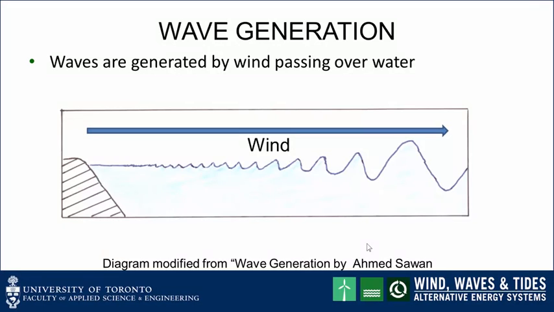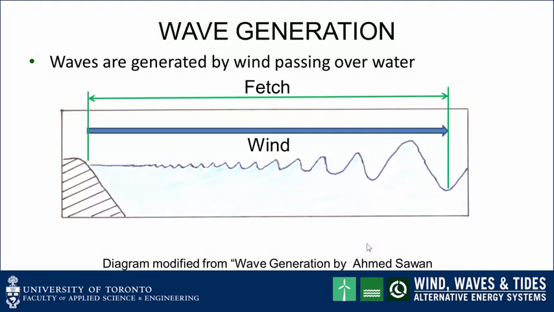So the figure shows wind acting on water from a shoreline on the left, and you can see from the arrow, which represents the wind, the longer the wind acts on the water, the greater the wave size. So the distance the wind acts on the water is called the fetch, so that distance is indicated by the green lines. Now this process doesn't go on forever.